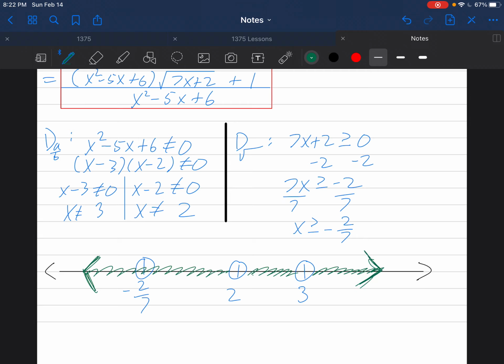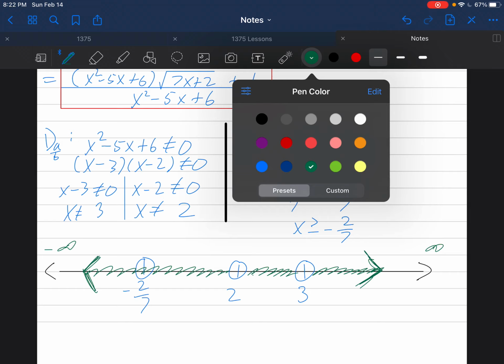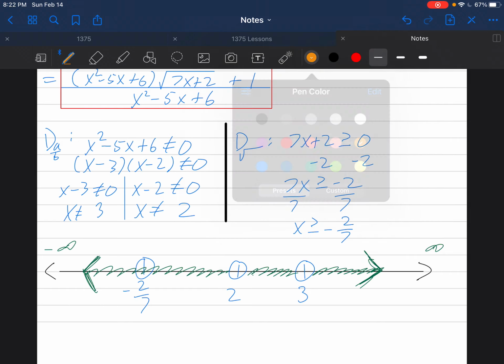So that means everything around there, towards negative infinity, towards positive infinity. Now in, let's say, orange, I will shade in this domain, which is x is greater than or equal to negative 2 over 7. That means starting from negative 2 over 7, we shade everything to the right of that.